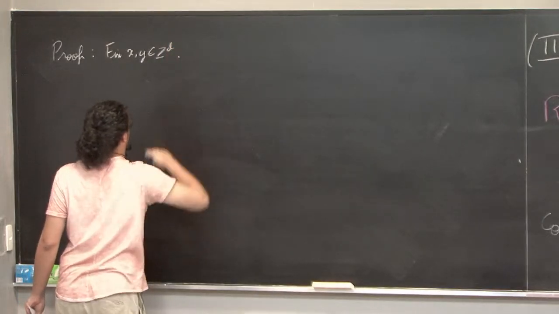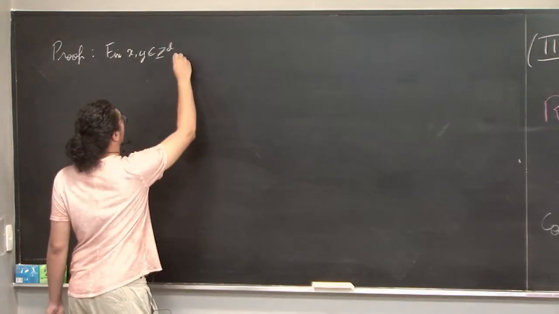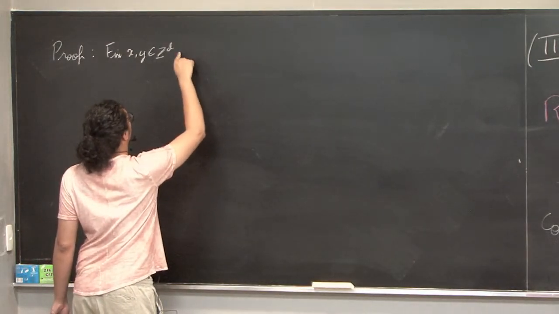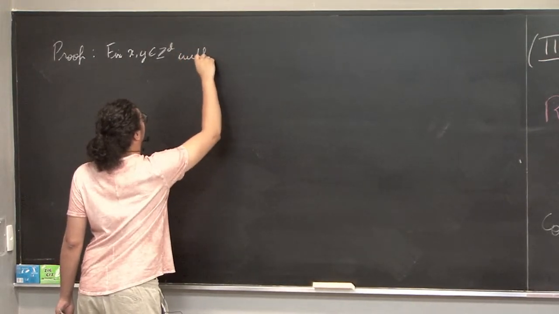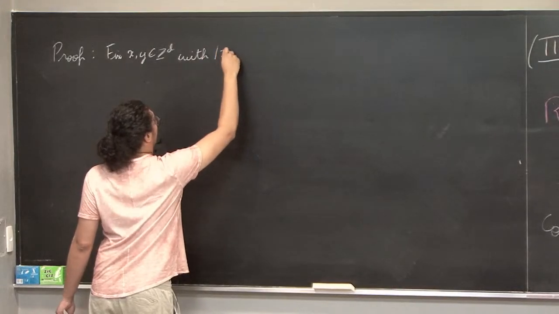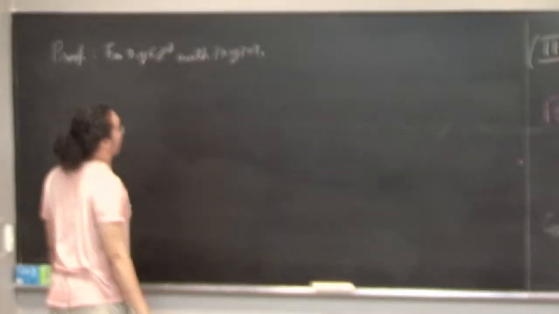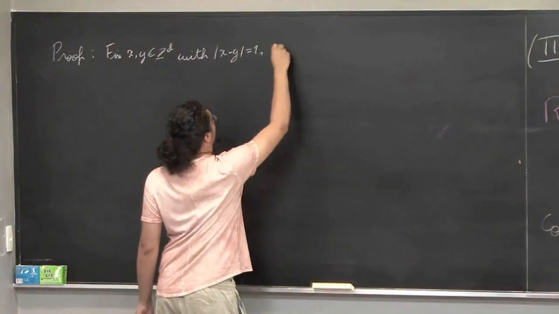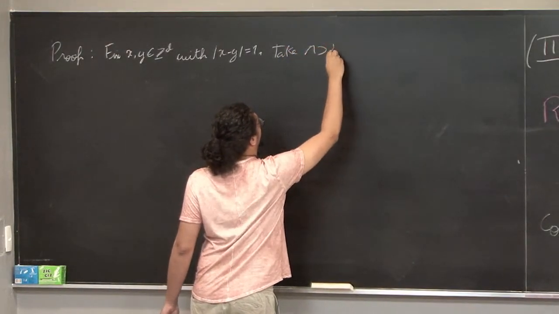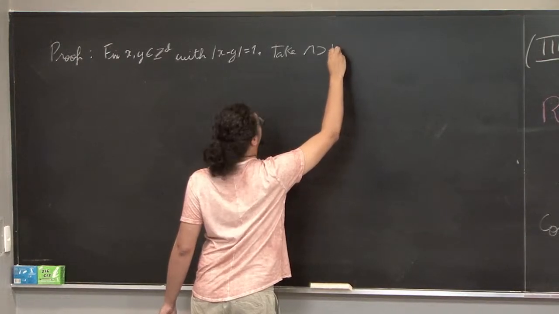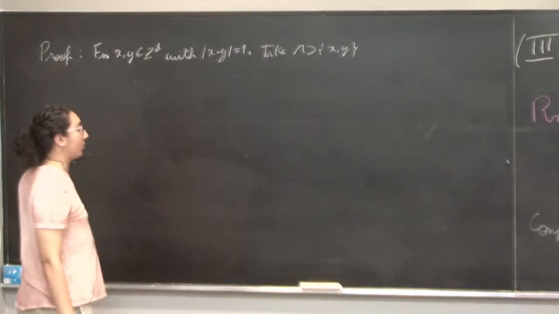Take a box. Fix X and Y in ZD neighbors with J of X and Y equals 1. We take a box lambda that contains X and Y. So you take a large box, any box.